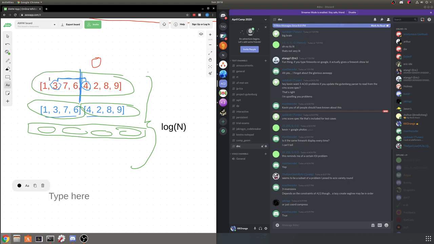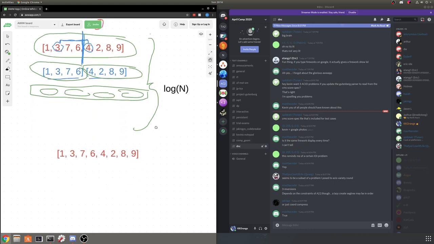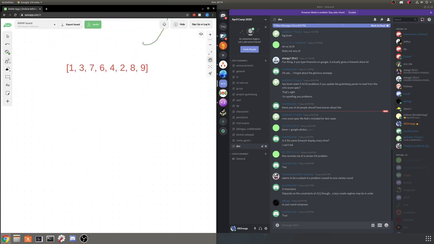Okay, so let's take another look at this subproblem here. Let me just copy this. And then we have the dividing line here. So let's formalize exactly what we're looking for.